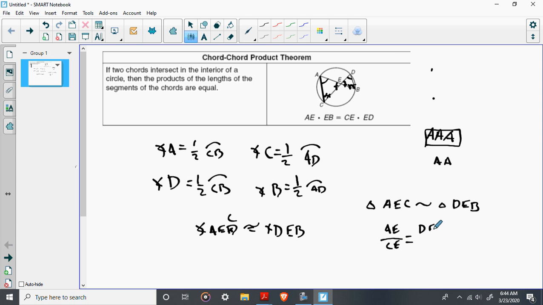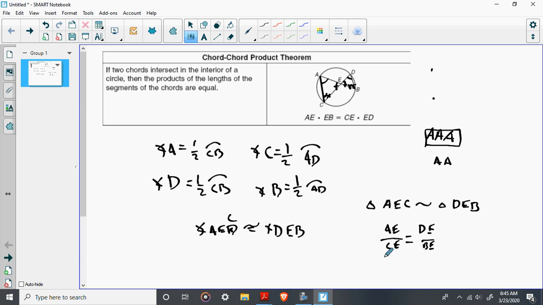DE is in the same position as AE, if you guys remember that, is to BE. Now I wrote them in a little bit different order. It doesn't really matter, but the big thing is that you keep them in the correct order. So this side between the angle A and E and C is the same as D and E and E and B, however you feel like writing them. But this side is to this side, as this side is to this side.